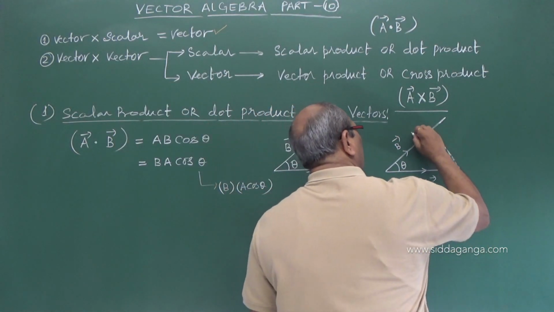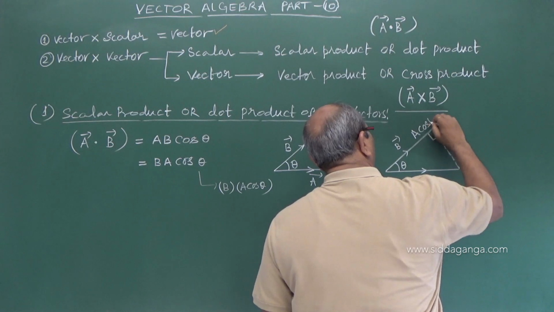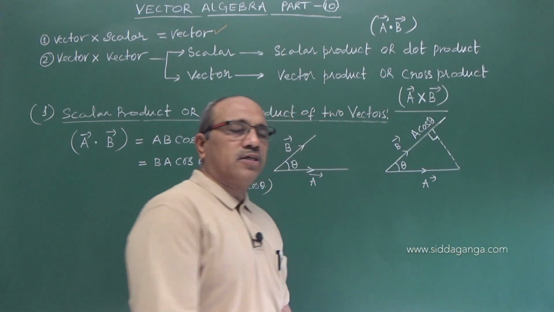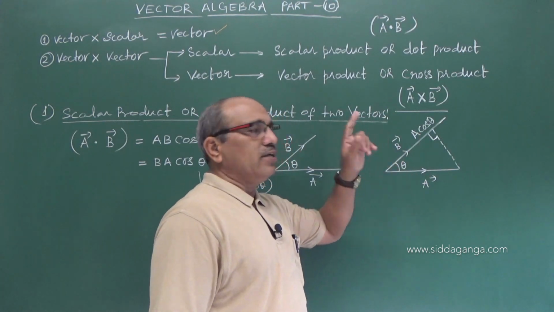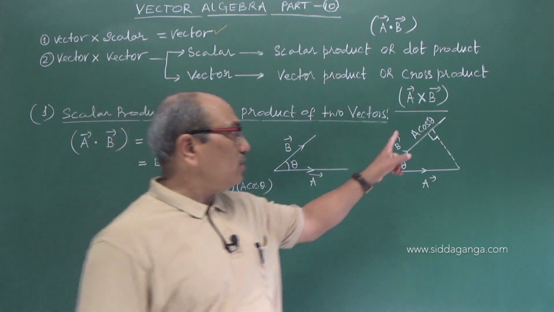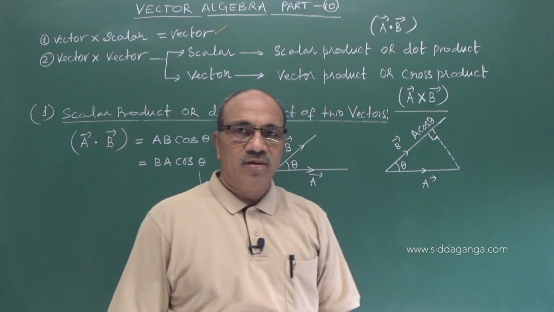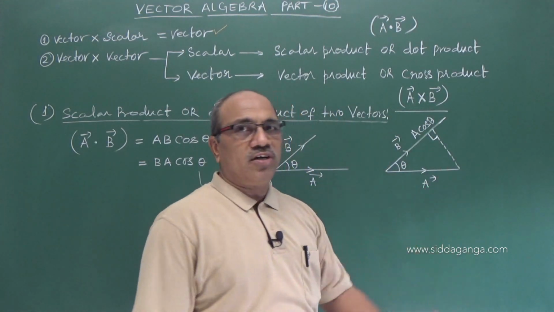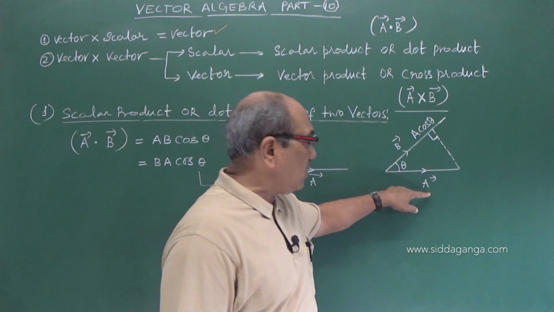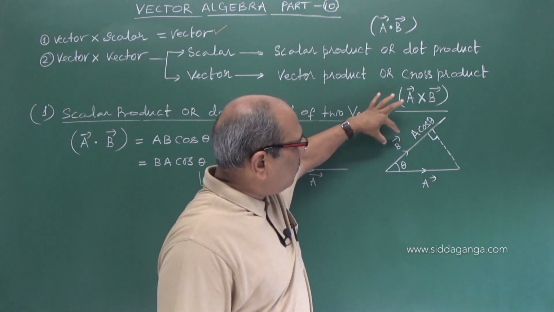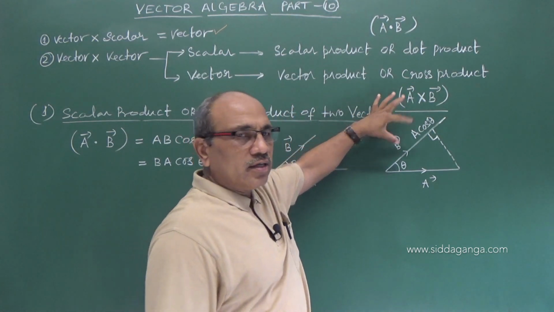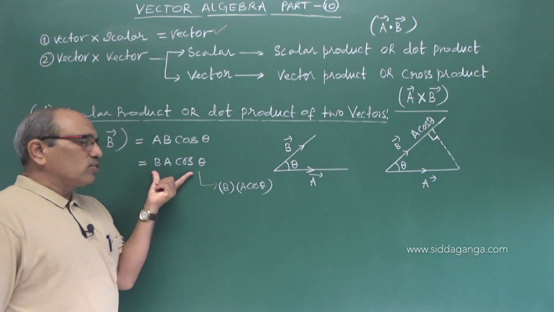This is A cos theta. What are we calling this A cos theta? The component of A along B. Now the component is a magnitude again. I am saying only the component, not the vector component. The component of A along B, multiplied by the magnitude of B, gives you AB cos theta.